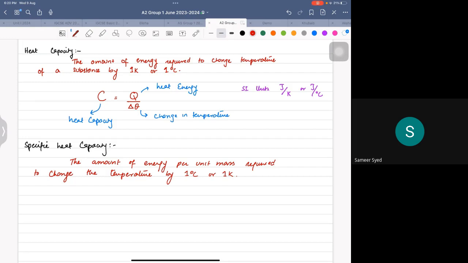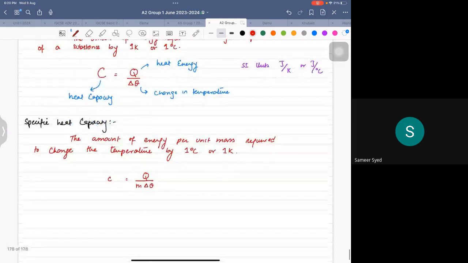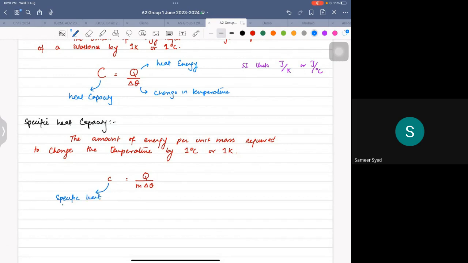The symbol for this is small c, and it is Q over m delta theta because it has mass. This is heat energy, this is mass, and this is change in temperature.